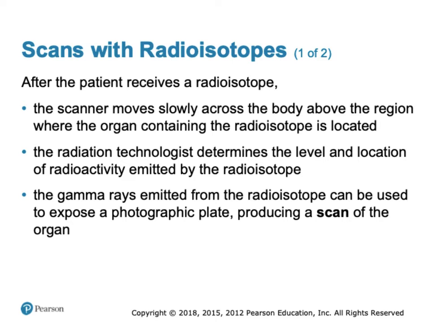So after the patient receives a radioisotope, the scanner moves slowly across the body above the region where the organ containing the radioisotope is located. And a radiation technologist determines the level and location of radioactivity emitted by that radioisotope. For example, gamma rays that are emitted can be used to expose a photographic plate and produce a scan of that organ.